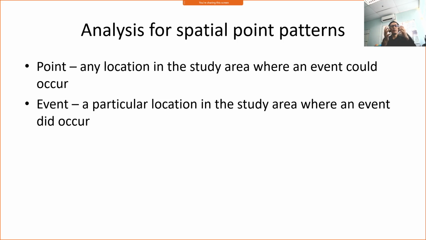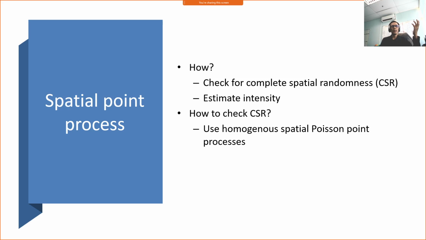So again, if you analyze data that have points, dots, then you can look at a particular location where an event did occur.